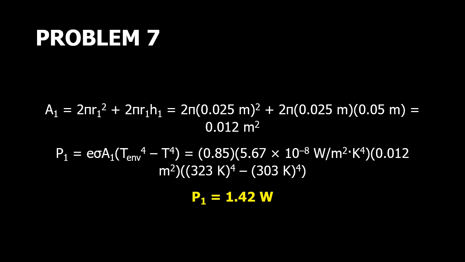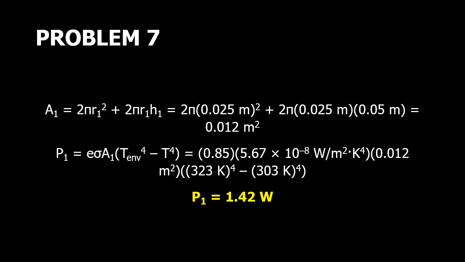The area is 0.012 square meters, while the environmental temperature is 50 degrees Celsius. Then you add 273, that is equal to 323 Kelvin.